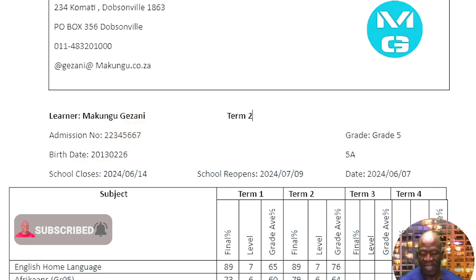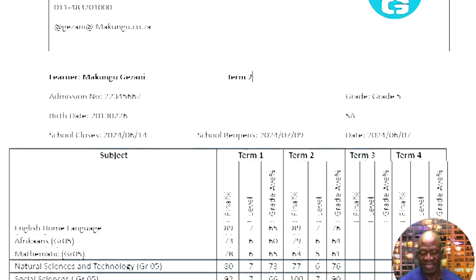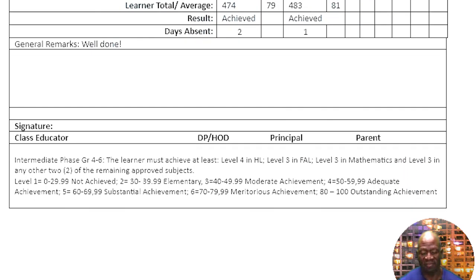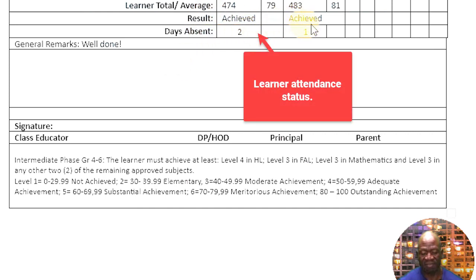learner. I must also indicate that the report card is expected also to have information about the attendance of the learner. As you can see, days absent, they have been reflected in the 2 terms that are being represented by this particular report card.